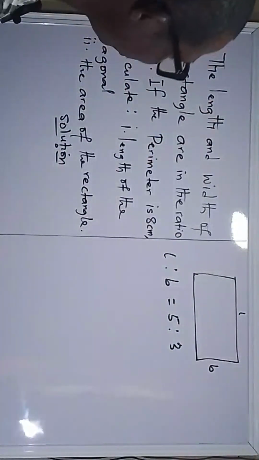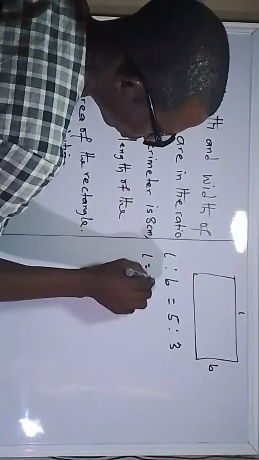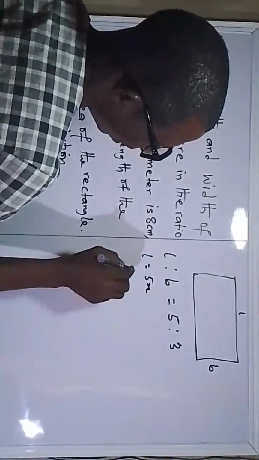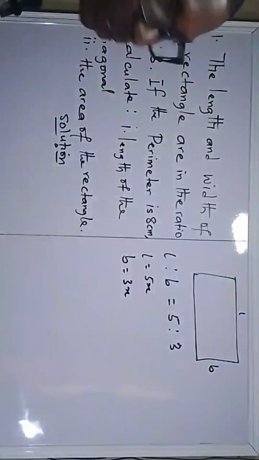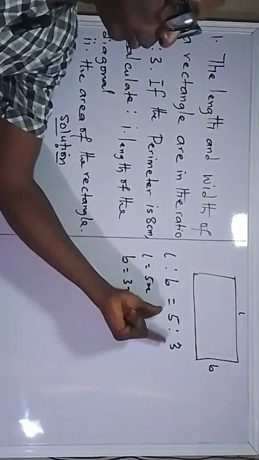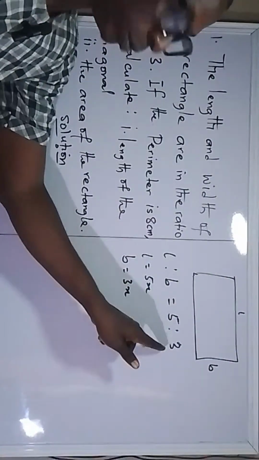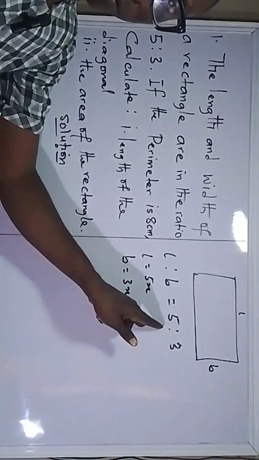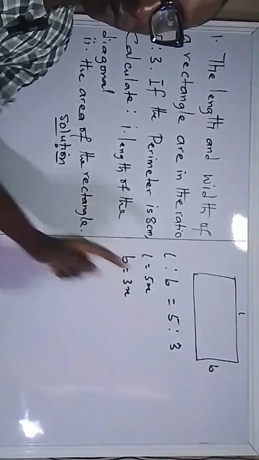So the meaning of that is L will be equal to 5x, while B will be equal to 3x. Because 5 and 3 will be multiples of a number that is common to 3 and 5. So that is the value of x.